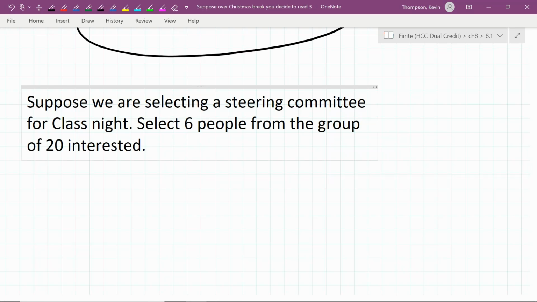For example, this could be something like we have people vote, and the top 6 vote getters are selected to the committee. How many ways can this happen? Again, the first question we want to ask ourselves is, does a rearrangement mean a different way, or is it the same the way that I'm phrasing it?